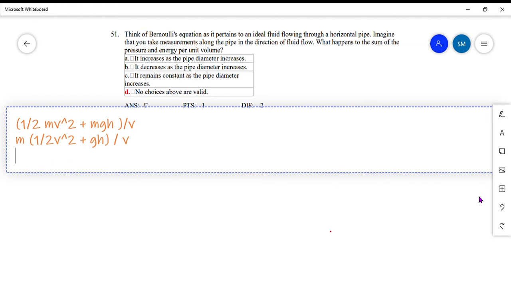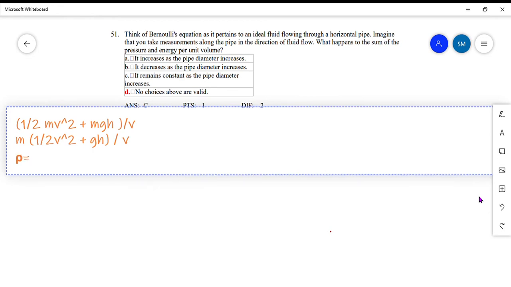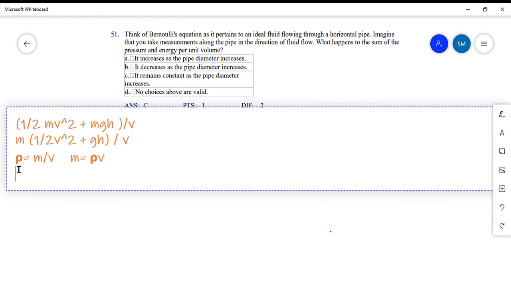We all know the density is equal to m over V. So the mass is simply equal to the density times the volume. So we can put the density, or rho, instead of m.